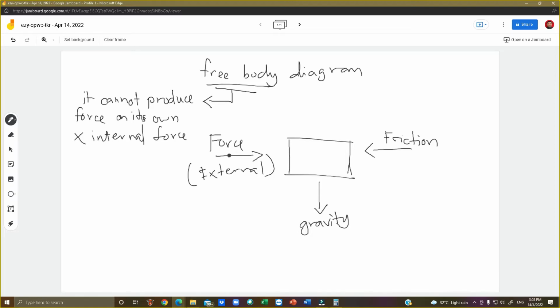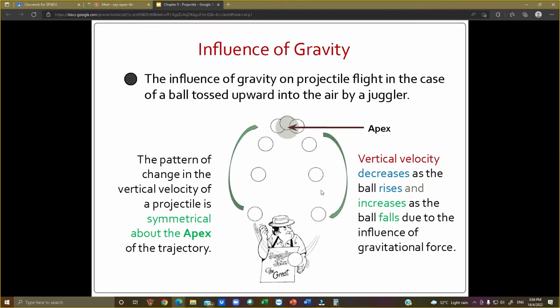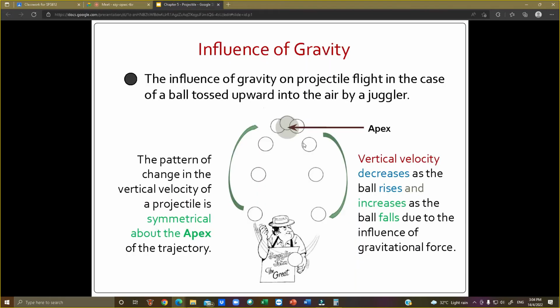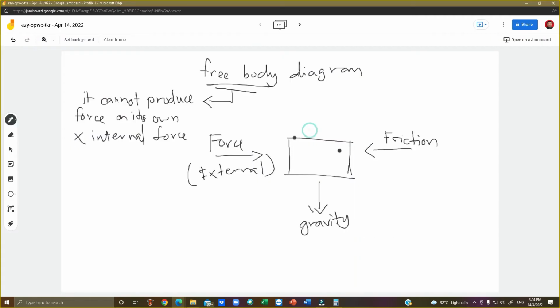Ni bila kamu ada sesuatu and comply to these three values, it can have force from the outside, it has friction based on the force that being applied, and it responds to gravity. So itu adalah free body diagram. Okay, example, bola kena sepak, it travel.